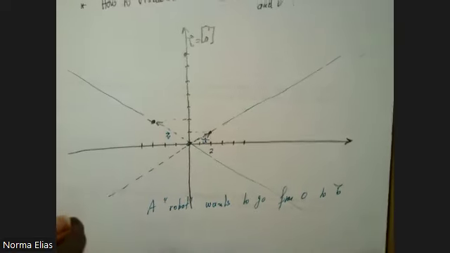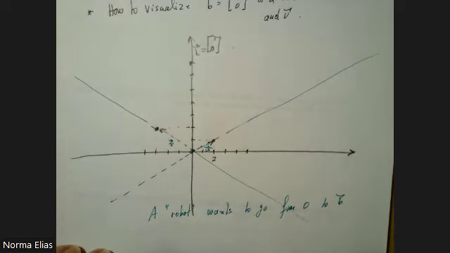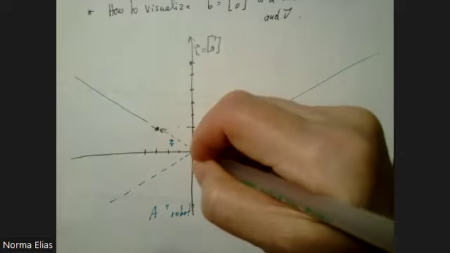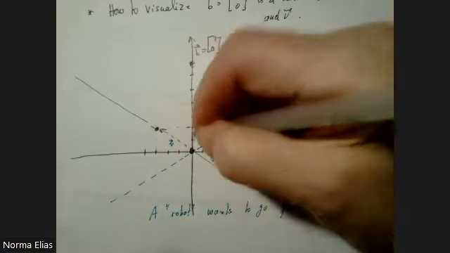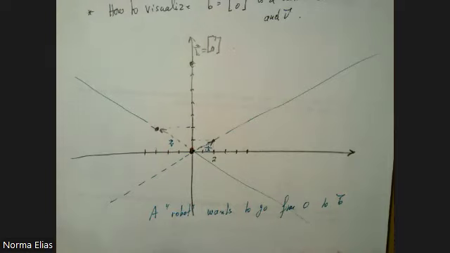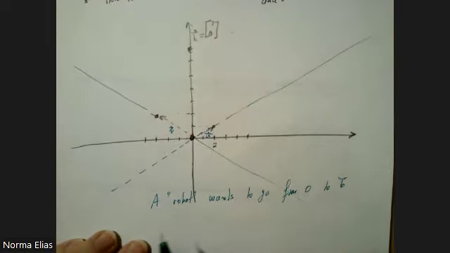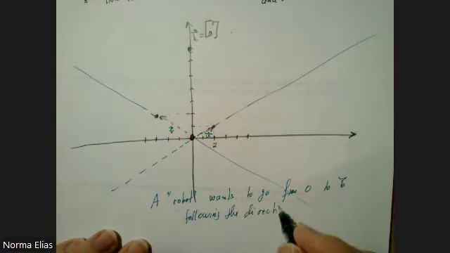So imagine the following scenario to understand the linear combination. I have a little robot. I want to start from 0 all the way to B. I want to go from here to here. And the question is the following. This robot wants to go to B following 2 directions, so following the direction of U and V. What do I mean?